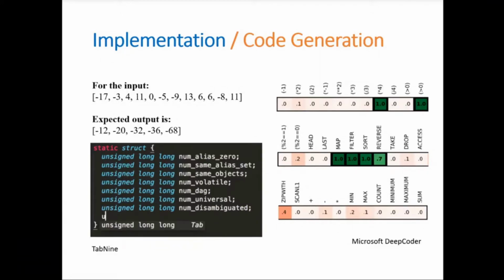Every value in the input is multiplied by 4. Then the values are sorted from the biggest to the smallest, and the positive values are filtered out. We see only the negative values in the output. So these are the required operations to reach the expected output from the input.